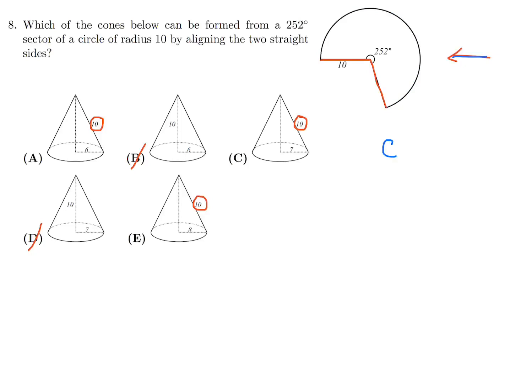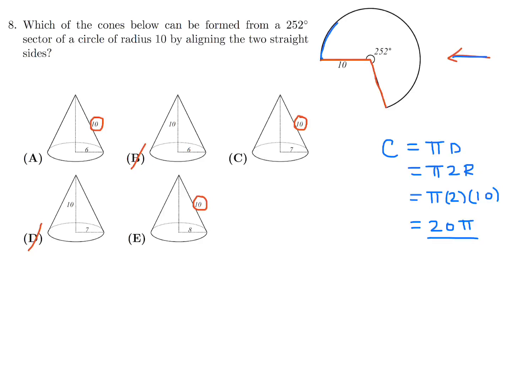Now the original circumference is pi times diameter, and diameter is equal to 2 times radius. So the original circumference of this big circle was pi times 2 times 10, because 10 is the radius, which is 20 pi. Now, unfortunately, they cut out part of that circumference or circle, so we don't have the full 20 pi.